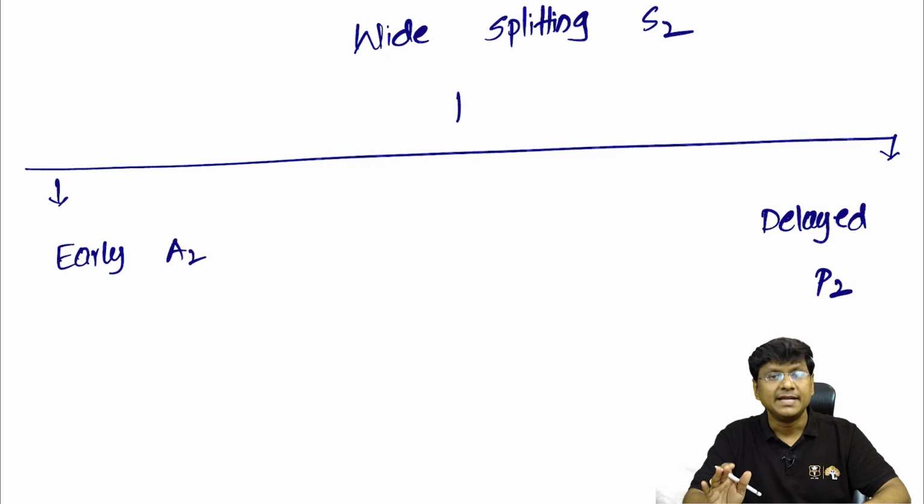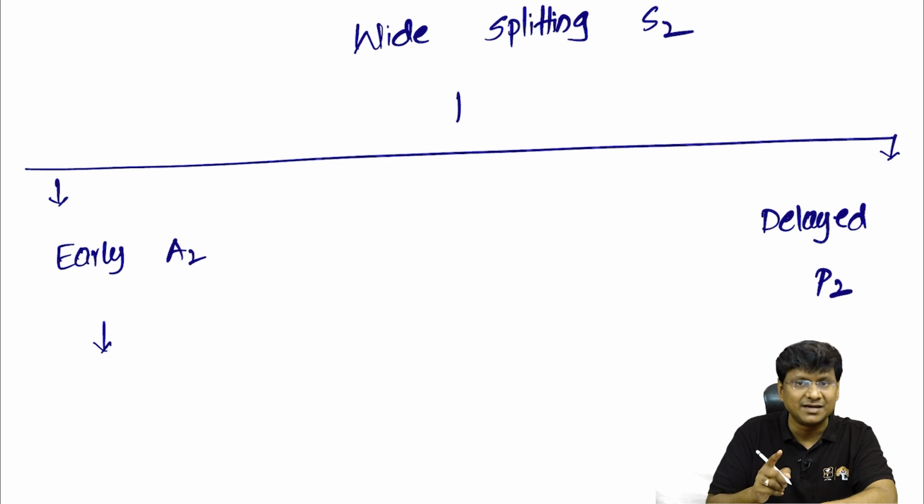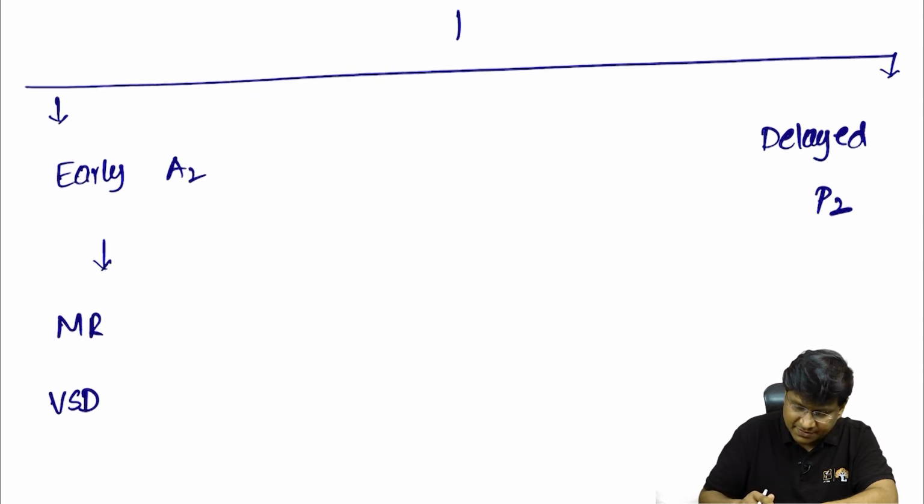Now, what are the conditions where you have the early A2? You will have this early A2 in patients with mitral regurgitation and ventricular septal defect.